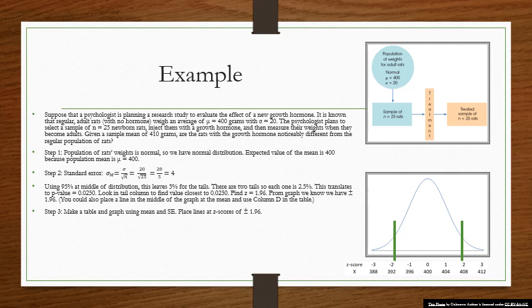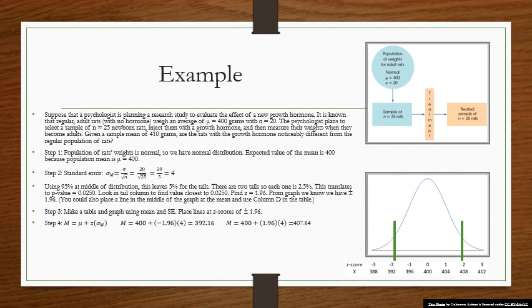Step 3, make the table using your z-scores and the x values using the mean of 400 and your standard error of 4. Okay, place lines at the z-scores of plus and minus 1.96. And then let's determine what the sample means are for each of these cutoff lines that we put on our graph.